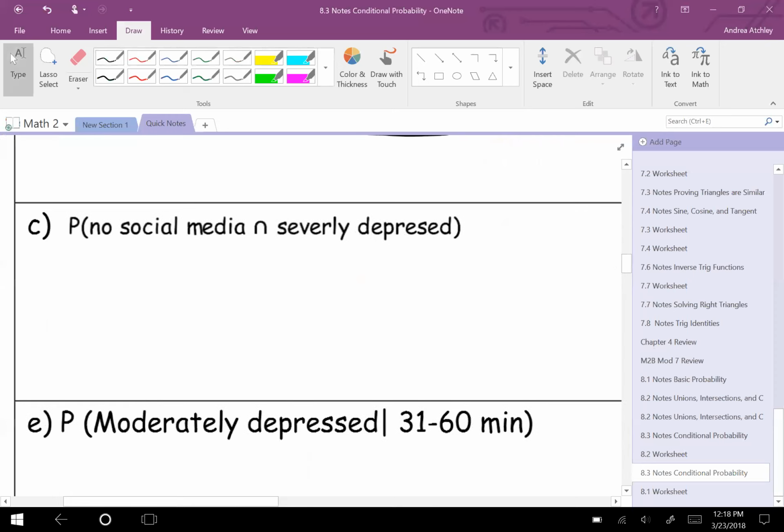So this is the probability of no social media, intersection of severely depressed. Remember the upside down U is an and. We want both of those things to occur at the same time. So this is an intersection. Okay, so we want, again, the total of totals.